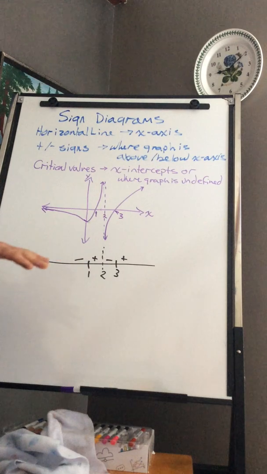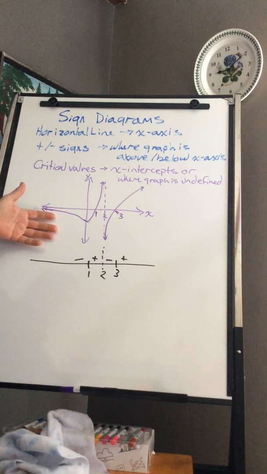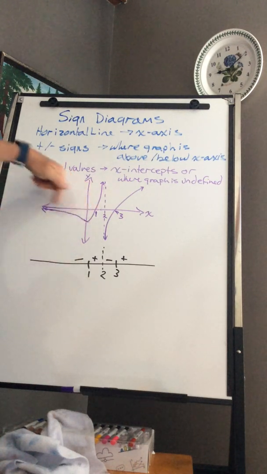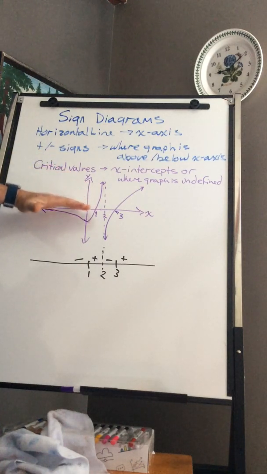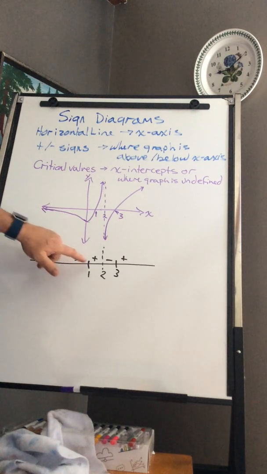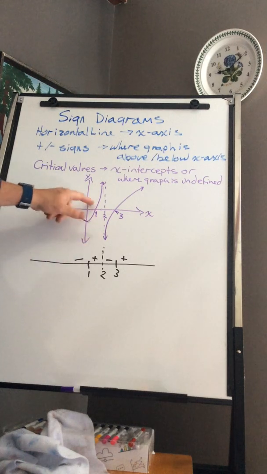And now what I do is, when I have it graphed, I just have to look at the graph. So when we're below 1 on the x-axis, the graph is below the x-axis, so the sign is negative. Between 1 and 2, it goes above.